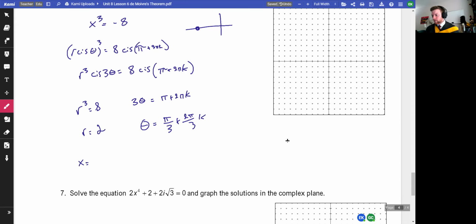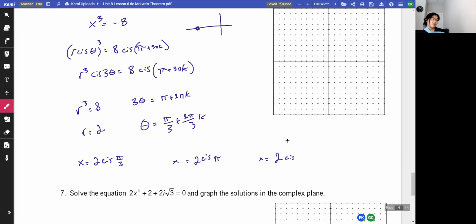All right, our roots are 2 cosine pi over 3 plus i sine pi over 3, 2 cosine plus i sine, is it going to be pi? And then 2 cosine 5 pi over 3 plus i sine 5 pi over 3. What do you notice about these 3 angles?